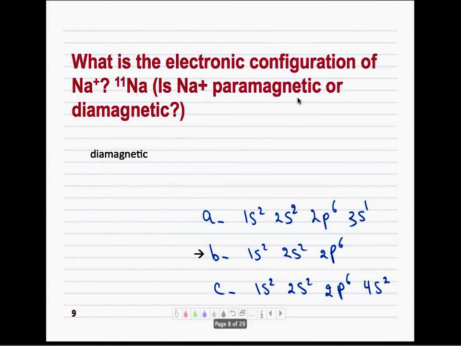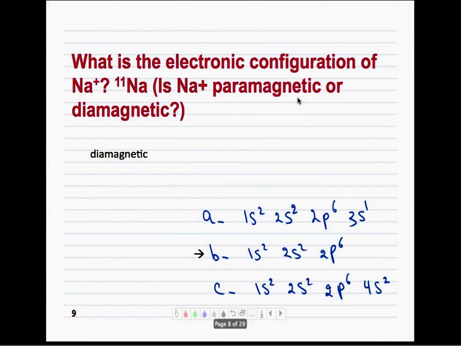And this is what I was talking about in the very early chapters when I said only group 1 loses 1 electron to look like a noble gas. It's in the electronic configuration, it looks like a noble gas. Only group 2 loses 2 electrons, and this is why we say calcium is 2+, magnesium exists as 2+.